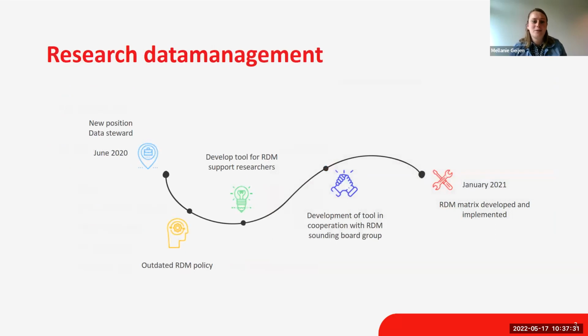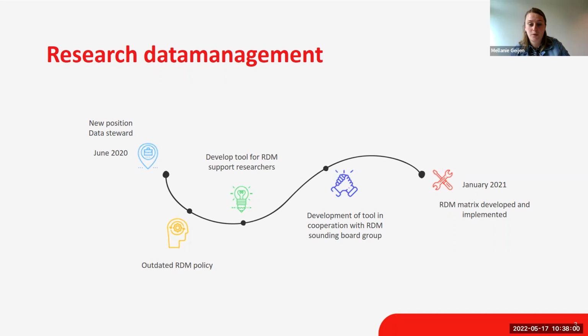And I will tell you something about the time frame of how data management evolved within the Open University. In June 2020, I got hired as a data steward. This was a new position within the university, so I had to begin from scratch. I immediately noticed that we had an outdated and incomplete research data management policy.